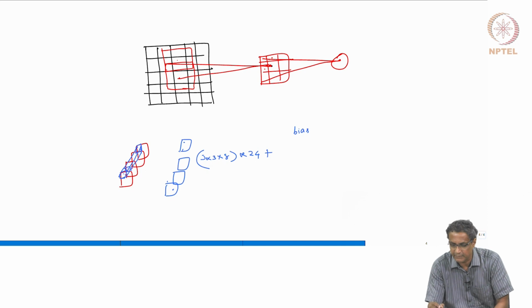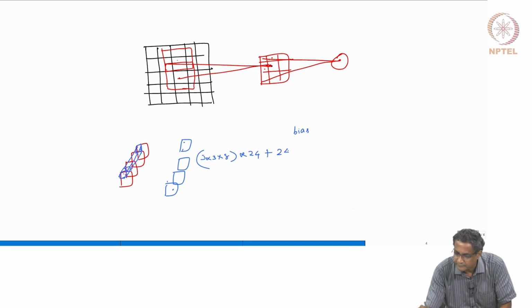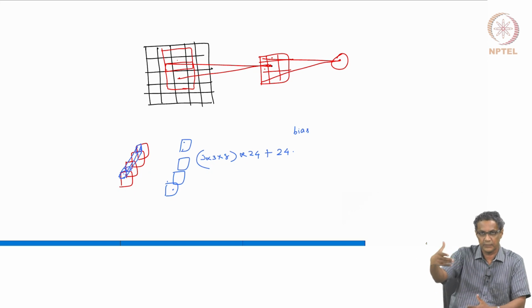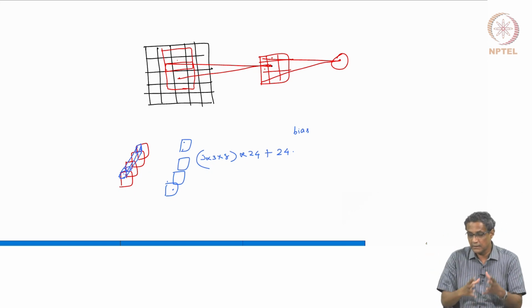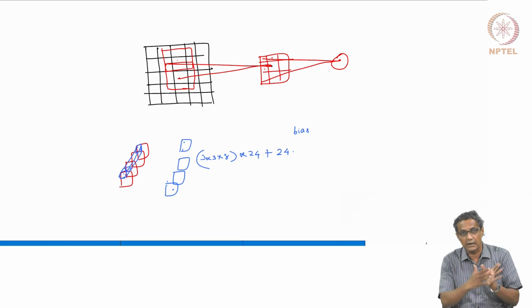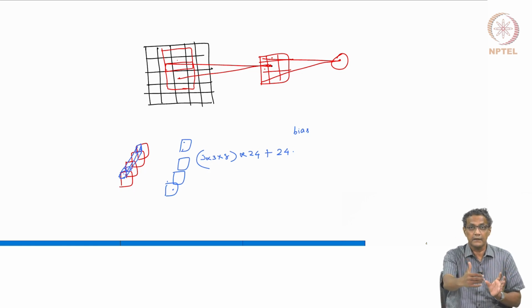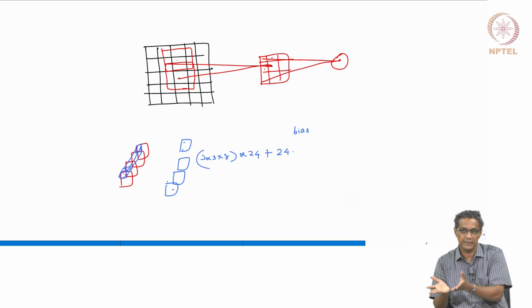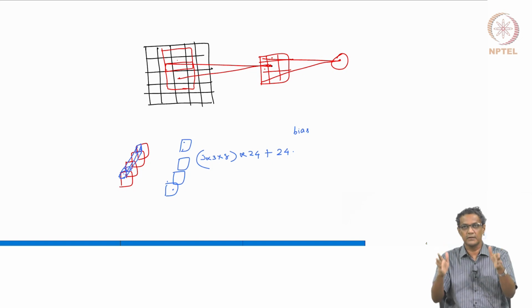So that bias will be 24. You've got 24 outputs, so you need 24 biases, and you need 3 into 3 into 8 to cover one box filter. And you got 24 outputs, which is like 24 box filters, plus the bias, which is like 24 biases. Is this thing clear? Because I want you to grasp this in your head.